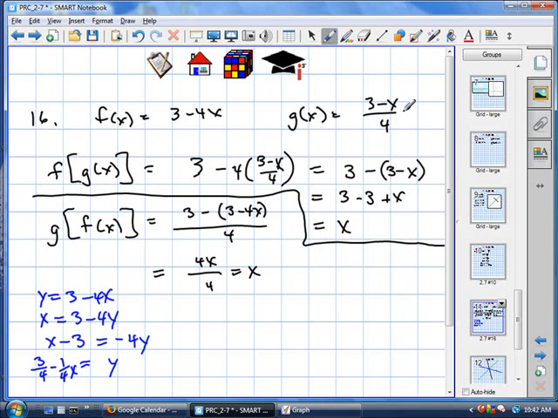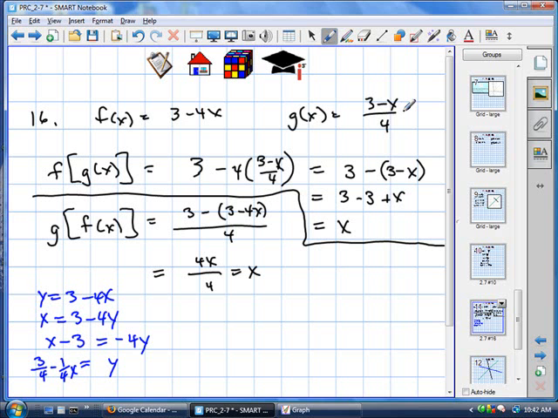Now, let's do it the opposite way. Let's do g of f of x. Okay, this should also work. So this time I have to start with this guy, and I have to do this rule, which says take what I give you, subtract it from 3, and divide it by 4. Take what I give you, 3 minus 4x, subtract it from 3, and divide it by 4.